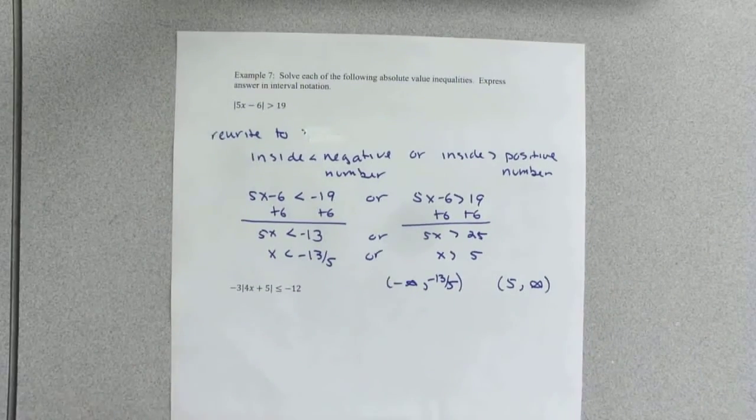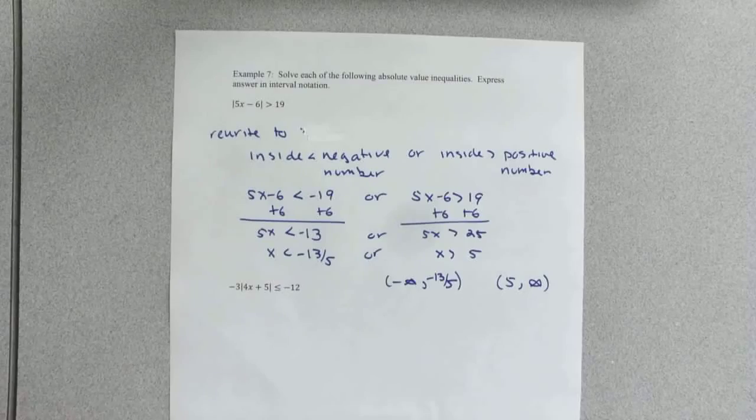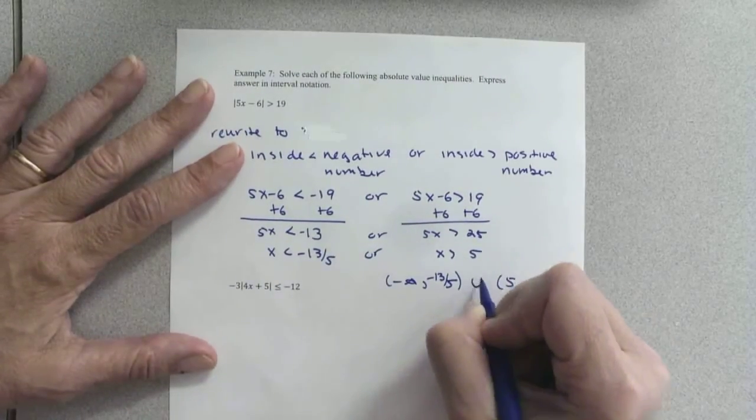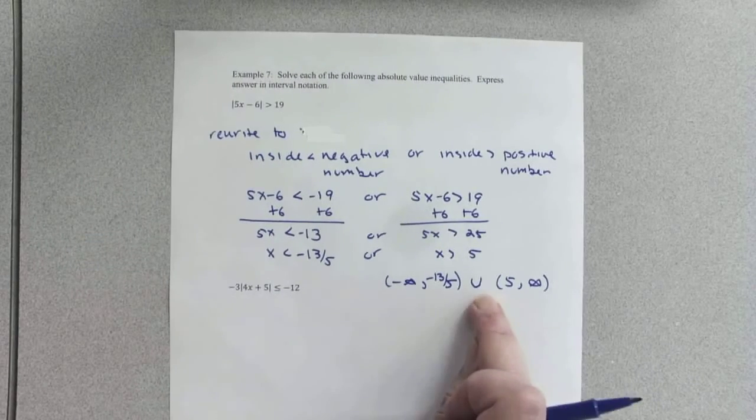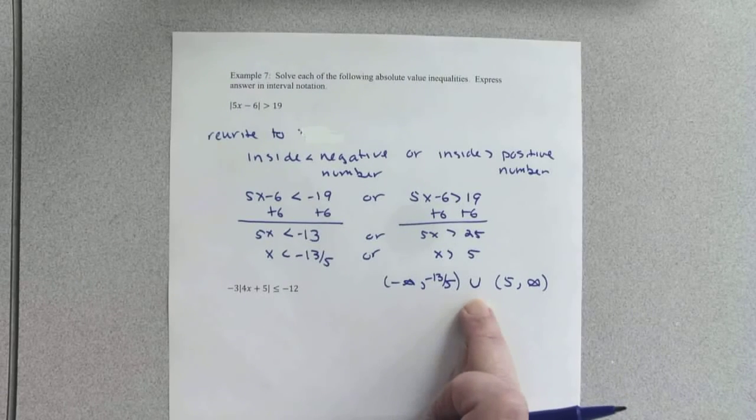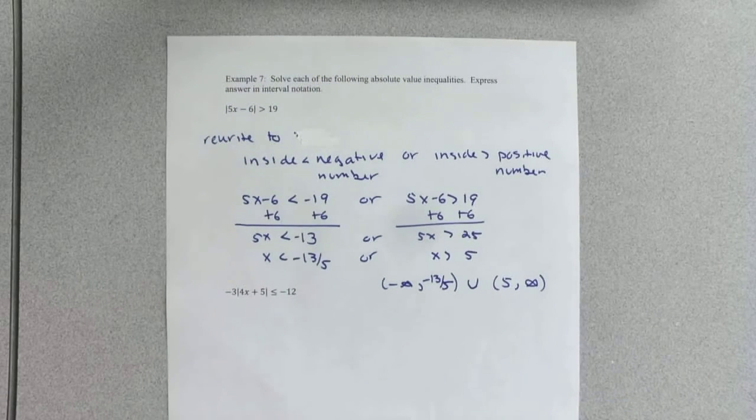Now I left a space here. Mathematically, what is correct is that or is represented by the union symbol. The union symbol means or. Now, when you come to your homework on the computer, read what they say. I've seen different things. Sometimes I've seen them use the union symbol, and if they want you to use the union symbol, that'll be down in the symbol palette when you're typing things in.